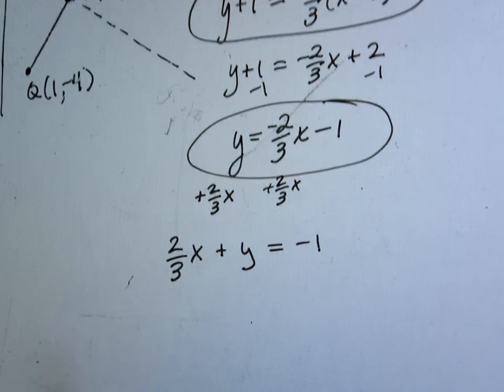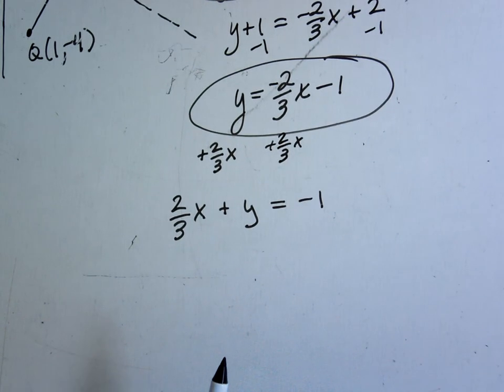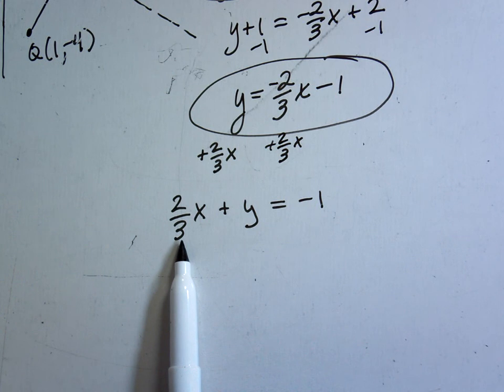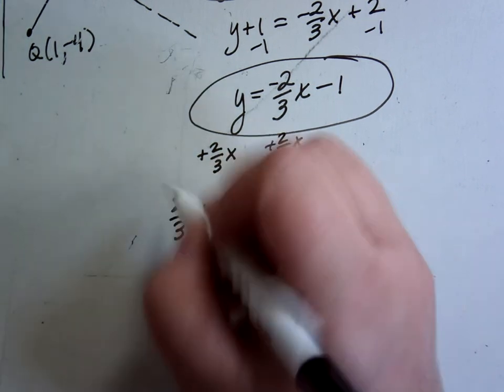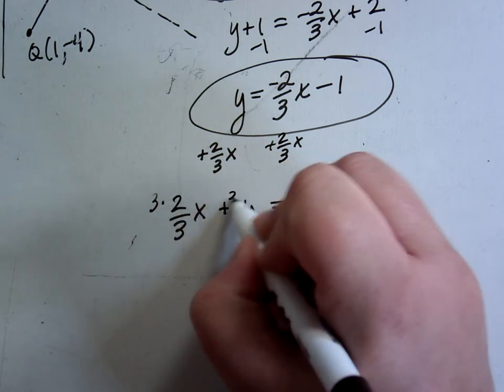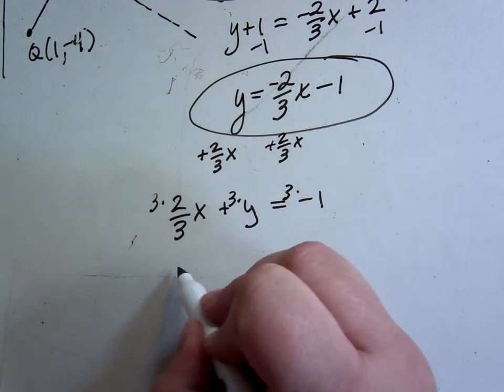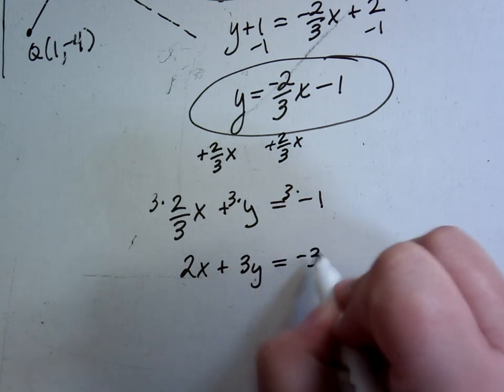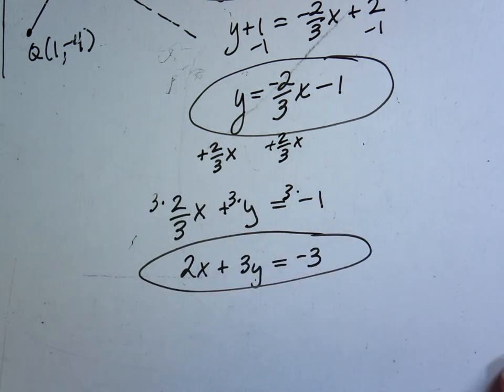Remember, there's a trick when you have a fraction in your equation and you want to get rid of it: you multiply the whole equation, every single term, by the denominator. If you have multiple fractions, you find a number that all the denominators go into and do it that way. So this time I'm going to multiply by 3, and I get 2x plus 3y equals negative 3. And that's the standard form equation for my line.